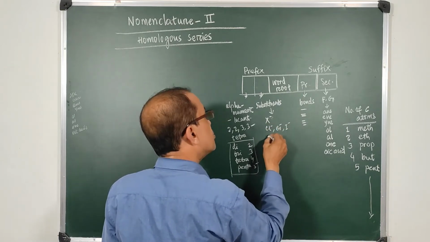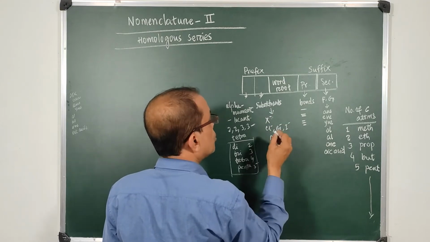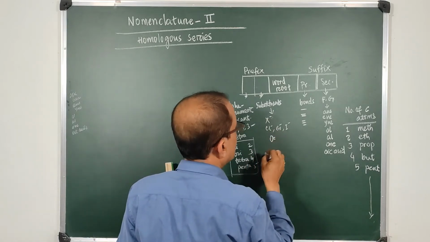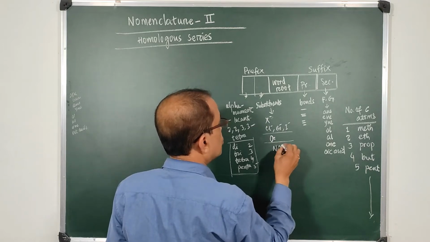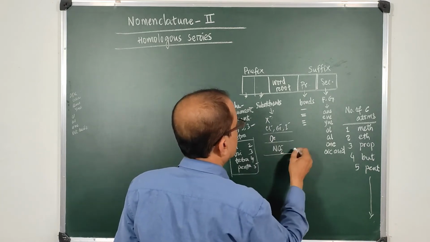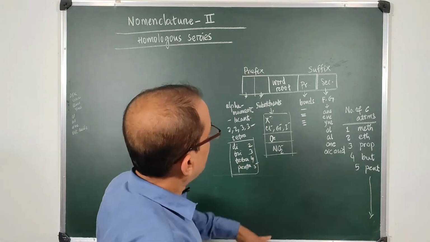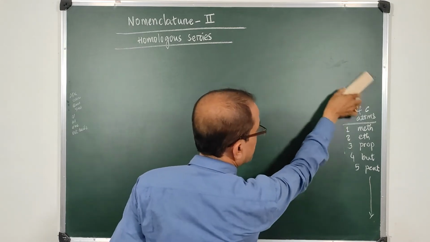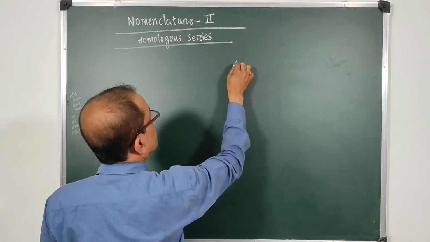They may be sometimes like oxo or keto group, or sometimes they can be nitro or something like that. So depending on these, the organic compounds can be named. So let us start with the first one, alkanes.